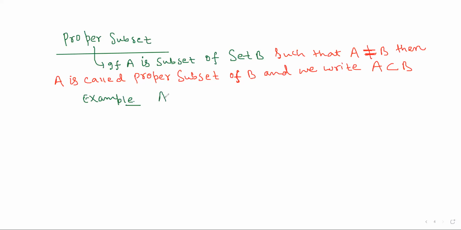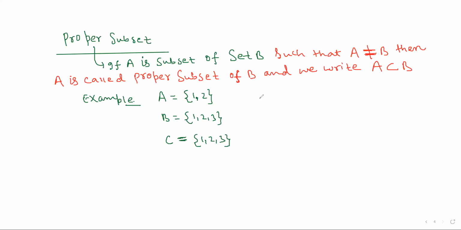One basic example. A is equal to {1, 2}, B is equal to {1, 2, 3}, C is equal to, let's say, {1, 2, 3}.